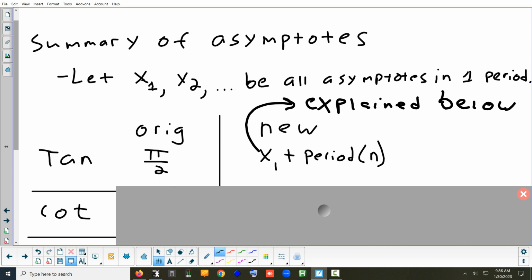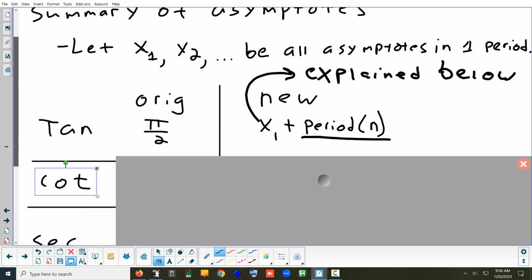And the old one is going to help you to calculate something. That's what I need to explain to you what to do. But once you know what to do, you just have to put plus the period times n. Whenever you put plus the period times n on something, that represents it repeating every single period forever. Now you don't write the word period, you put the period in. It's usually going to be a pi or a 2 pi. But you have to fill that in.